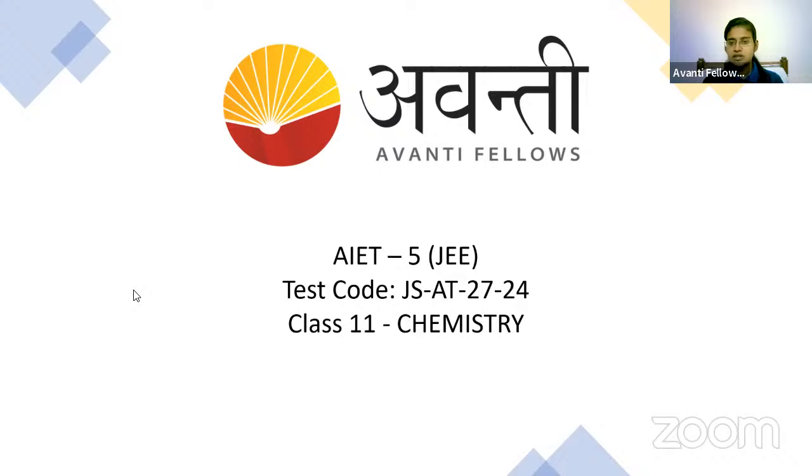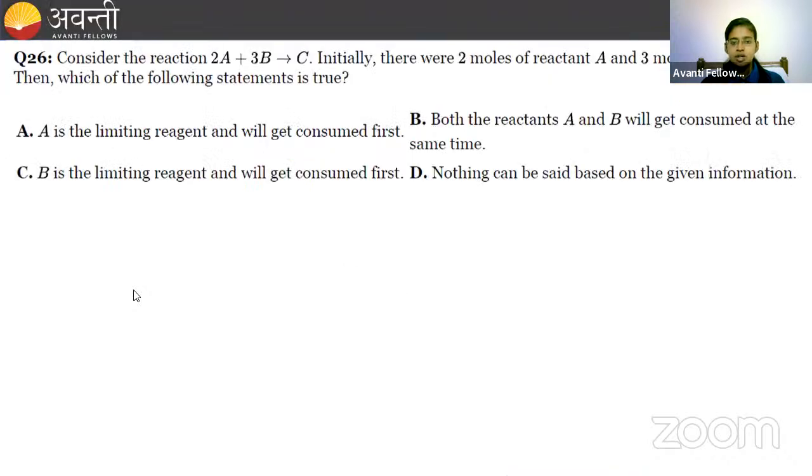The first question from the paper is question number 26. The question says that consider the reaction 2A plus 3B giving C. Initially, there were 2 moles of reactant A and 3 moles of reactant B. Then which of the following statements is true?